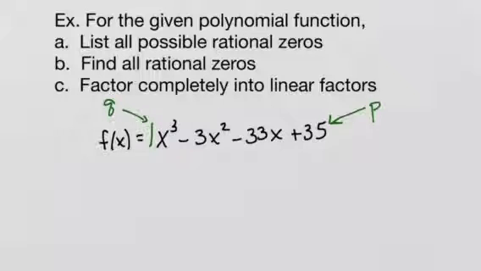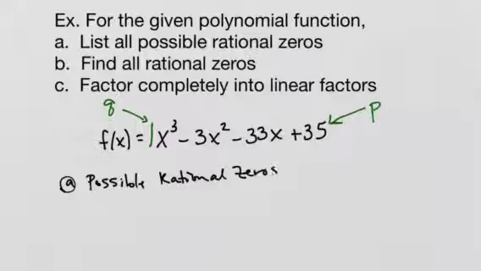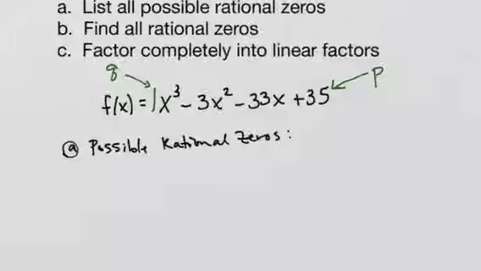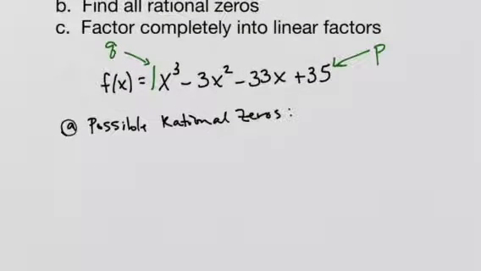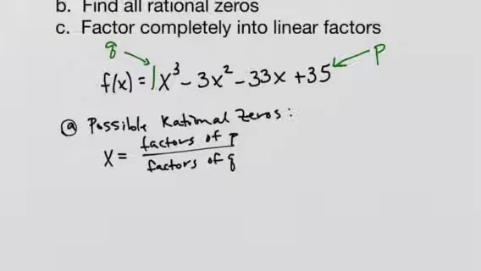So to find the possible rational zeros, like we're asked to do in part A, we'll take the factors of p divided by the factors of q. So x equals the factors of p divided by the factors of q.